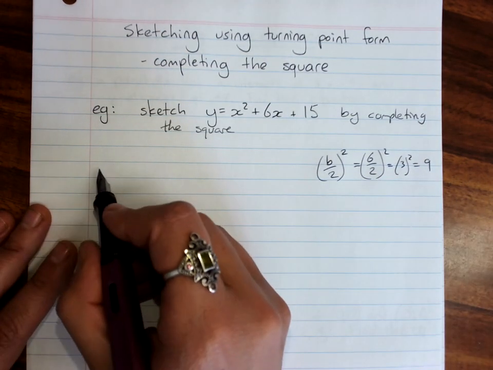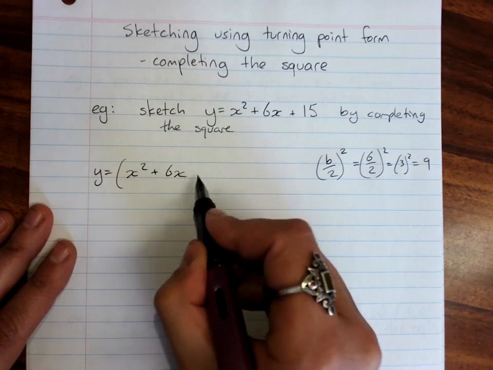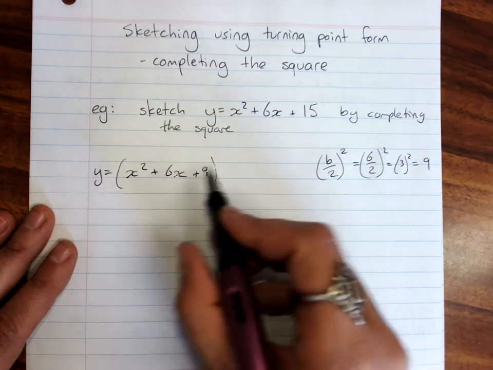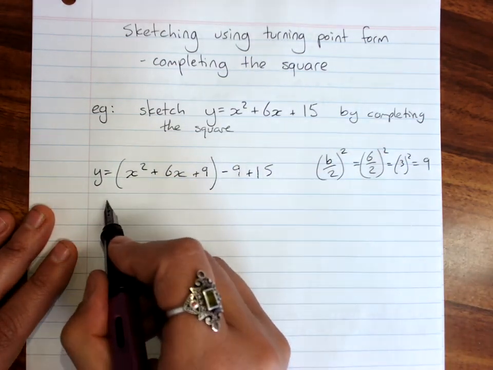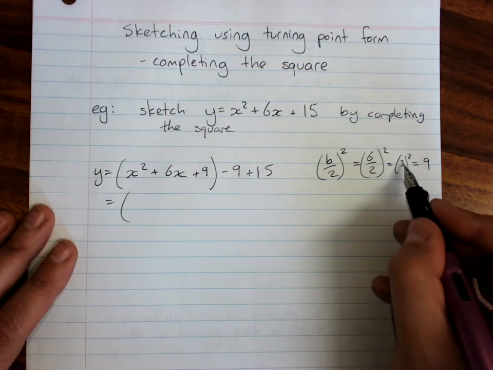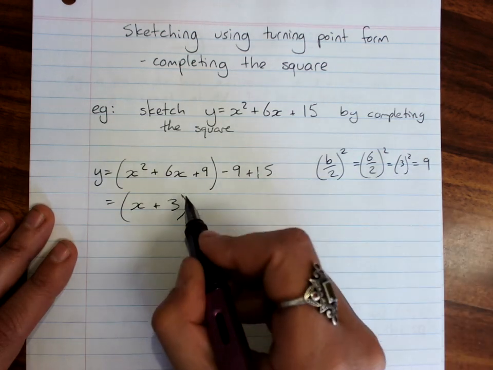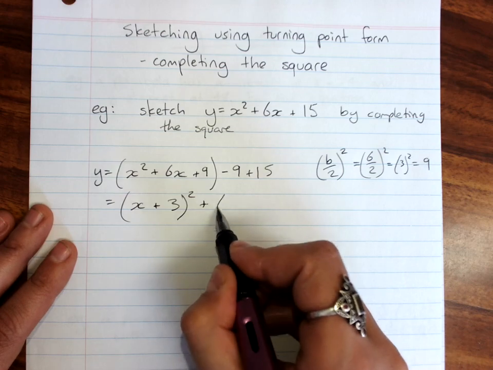Use that to complete the square. y equals x squared plus 6x plus 9, close your bracket because that's a perfect square, minus 9, and don't forget your plus 15. Factorize your perfect square, which uses the number inside the brackets, (x plus 3) squared, because that's positive, minus 9 plus 15 means plus 6.